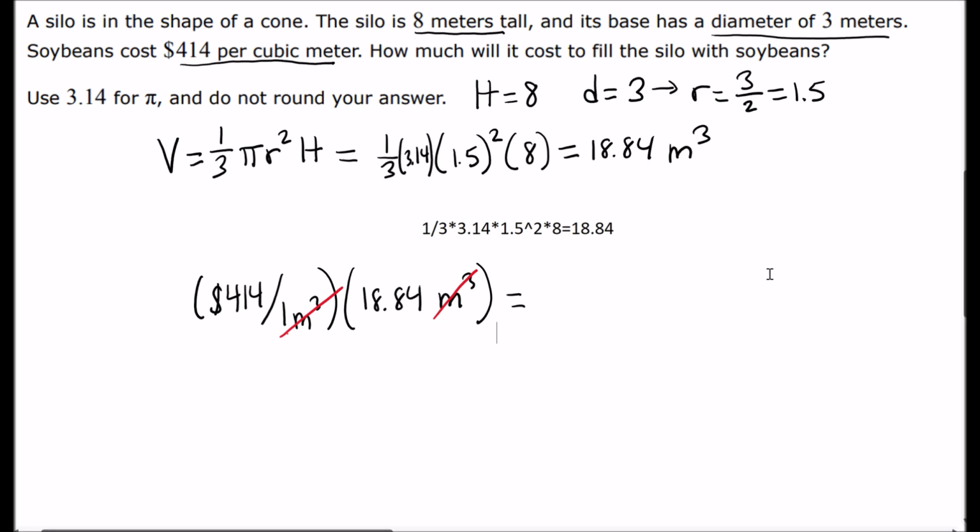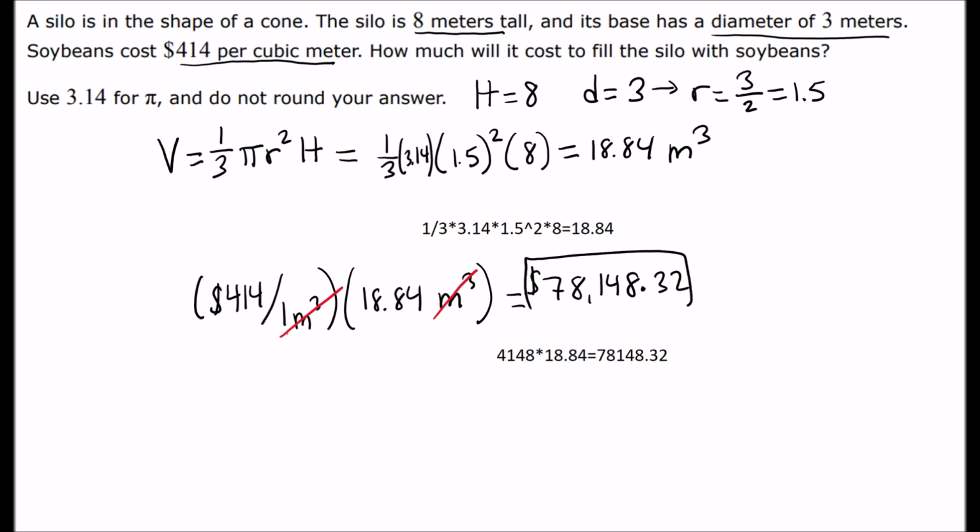So we get 414 times 18.84. Yes, okay, so we get $78,148.32. Okay, so it's a pretty heavy cost, right? That's a big silo. And so you got a lot of soybeans, and it's pretty costly. All right, so we got our total cost.